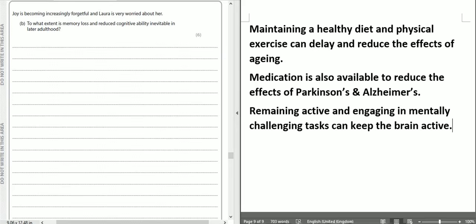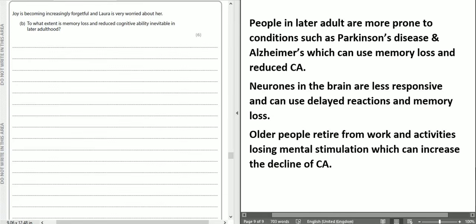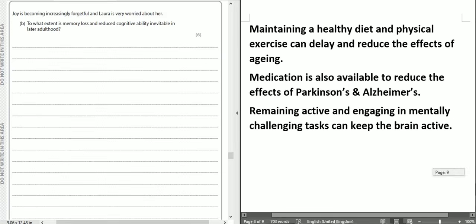So again, to what extent is moving into later adulthood going to cause a decline in mental ability? So we can say, yes, it is inevitable because of Parkinson's, Alzheimer's, any one of these. However, it isn't inevitable because you can challenge it with these points here.